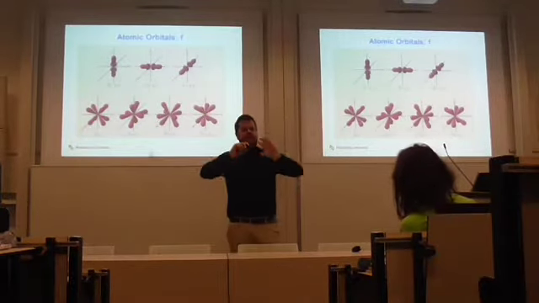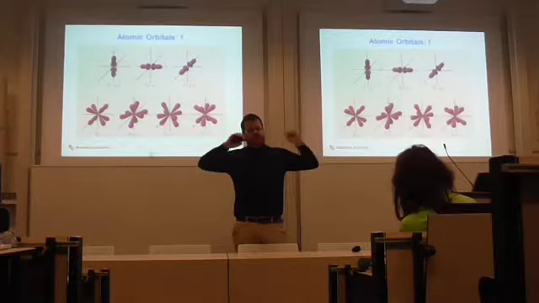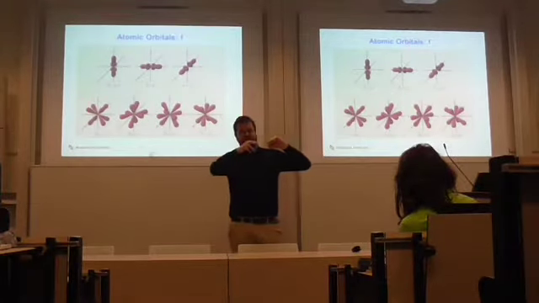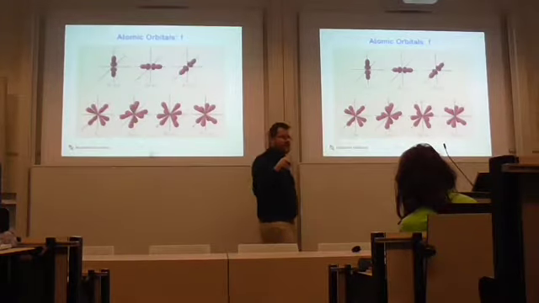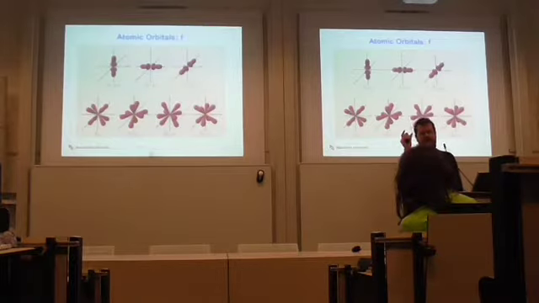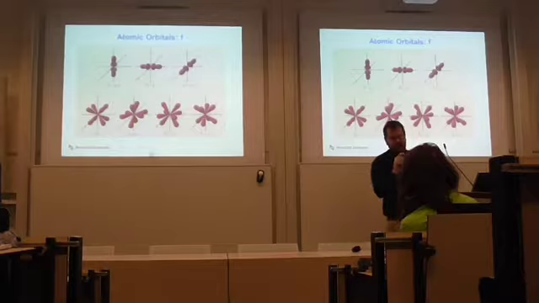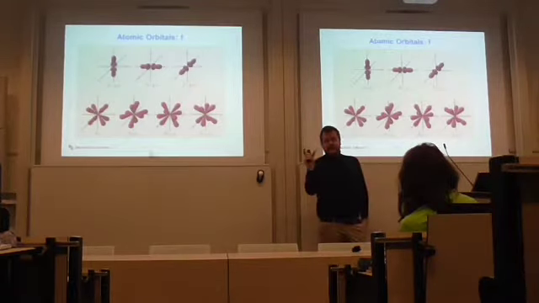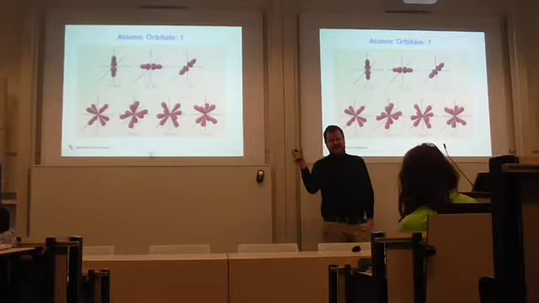But if you get to higher energy levels, there's a big difference in the size between the S and the P. That's a very interesting question, and it has very interesting consequences for bonding in heavier elements, because there's a big mismatch in the orbital size. For lower energy levels, the size is the same. For higher energy levels, there's a big difference in the size between S, P, and D.